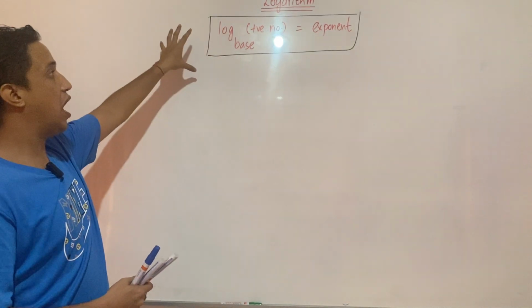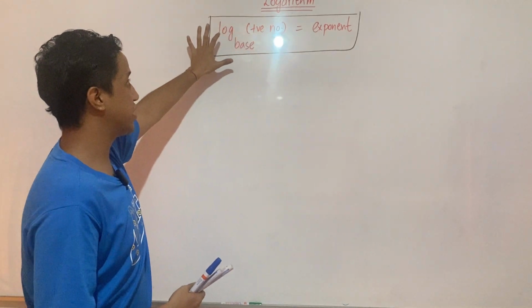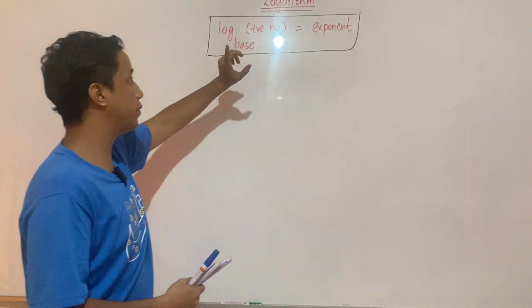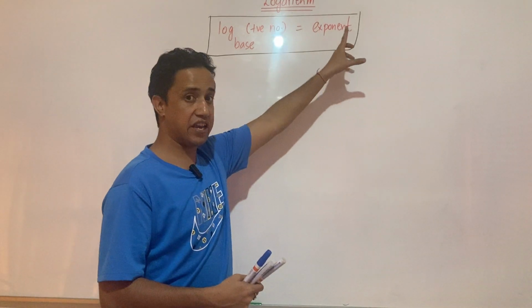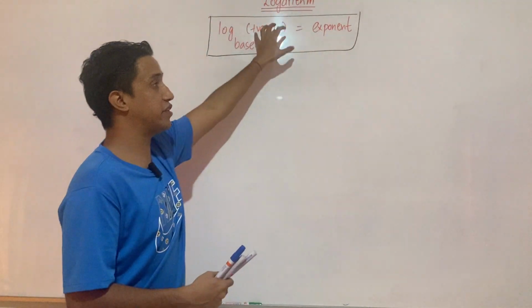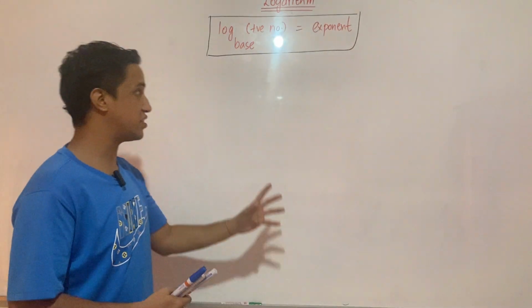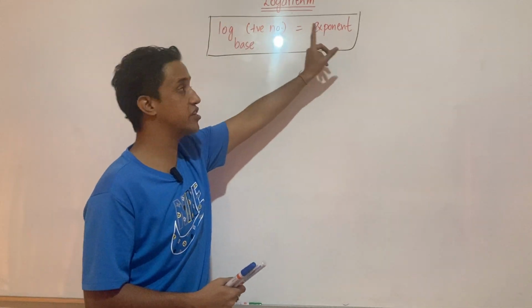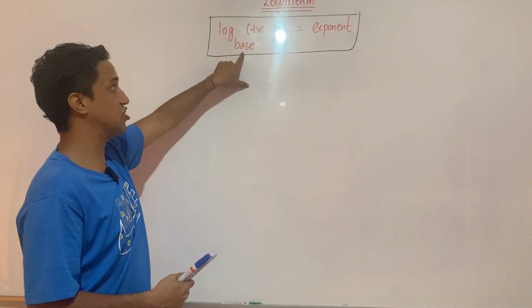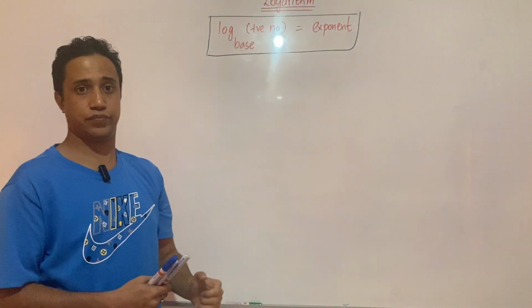But here, what I had written is that we are taking the log of any positive real number to any base, and if we solve this, we will get the exponent as our answer. It means that logarithm asks to what exponent this base must be raised to get this number as your answer, right?